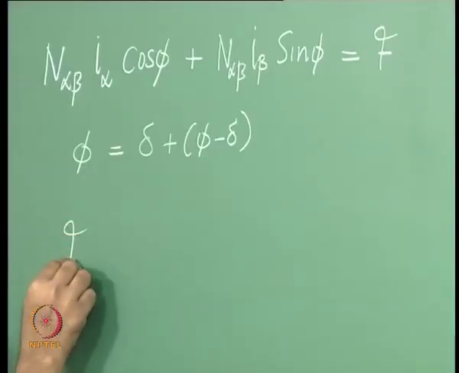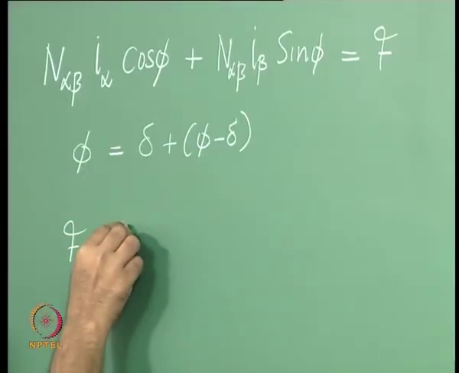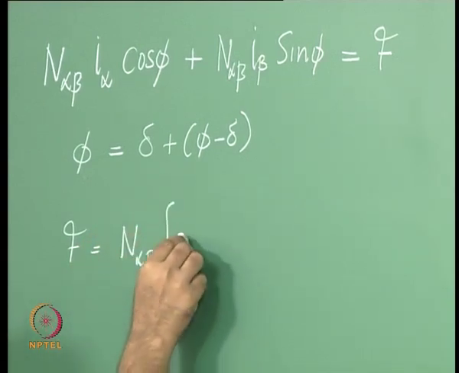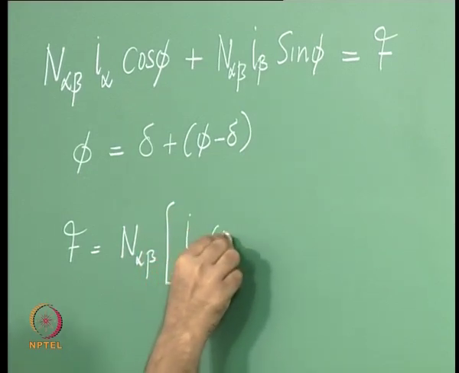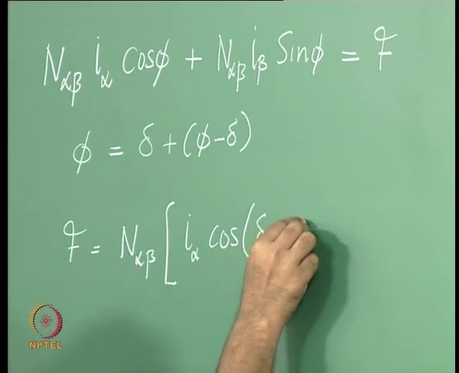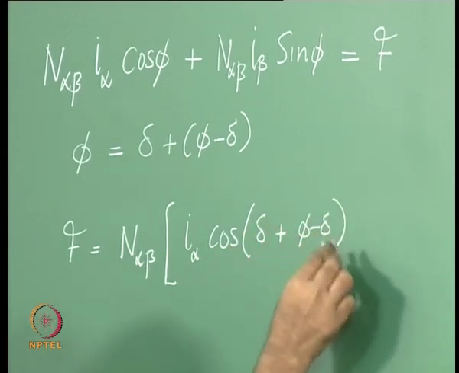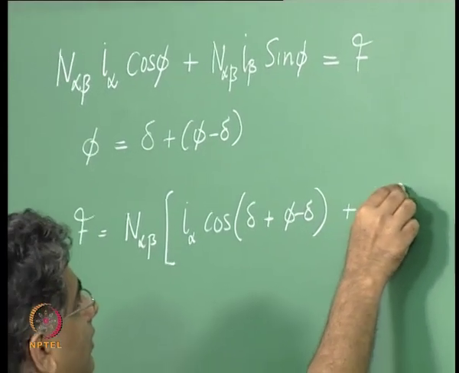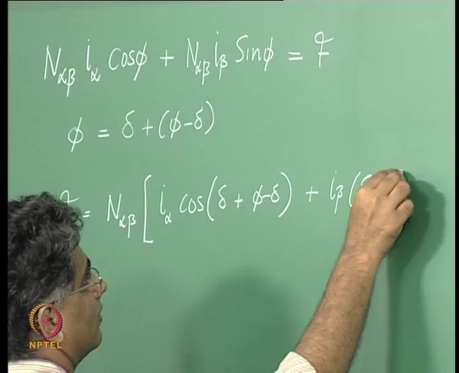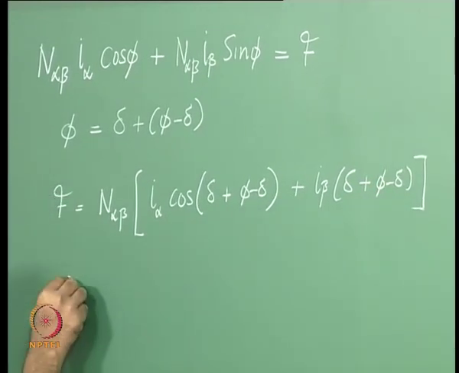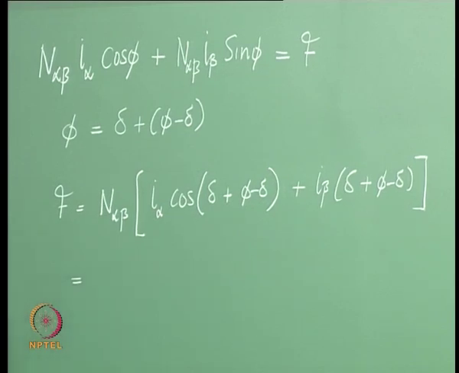So, what we have is f equals, let me take this n alpha beta out, and then you have I alpha cos of delta plus phi minus delta plus I beta sin of delta plus phi minus delta.